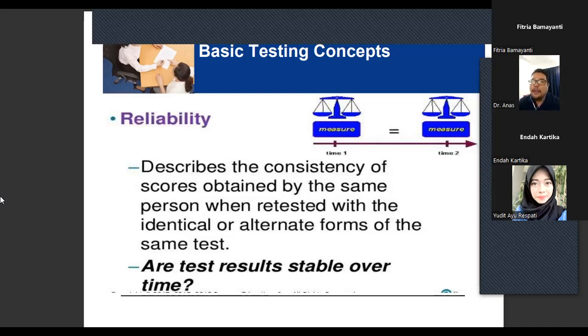I'm doing some tests, and from the test measure, I think Yusifa gets more marks compared to Rafki. So this is reliability: the test result is stable over time.